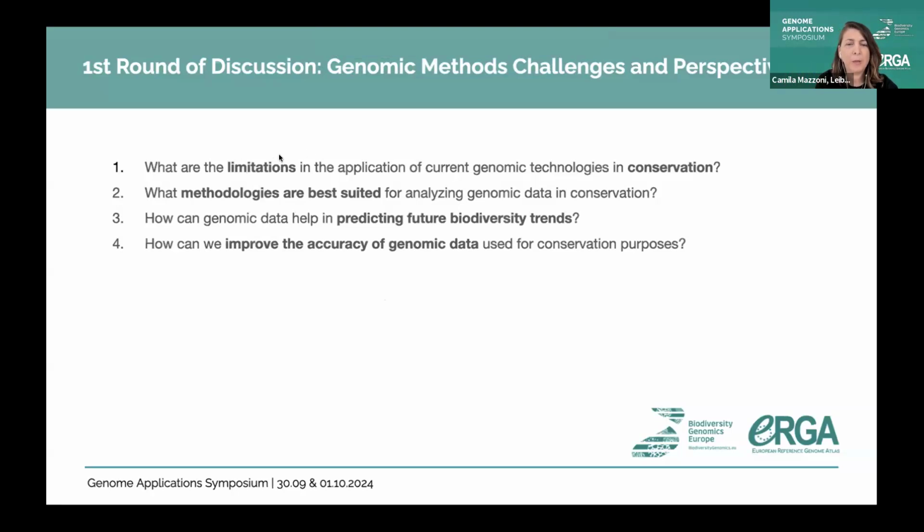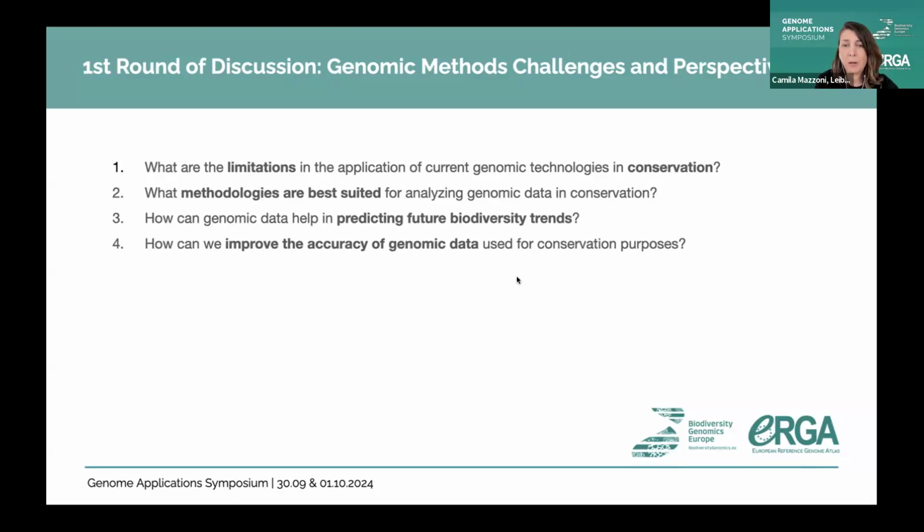So we want to talk also about the limitations in the application of the current genomic technology. So Ivana has presented a good couple of examples where genomics or genetics can be used or to improve what is out there, our estimations and perspectives. But what are the limitations for that?